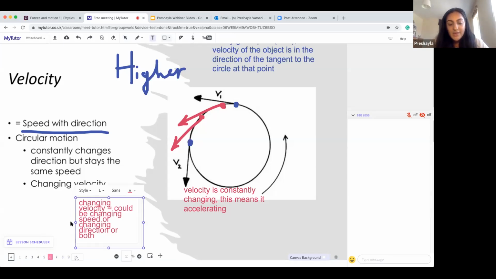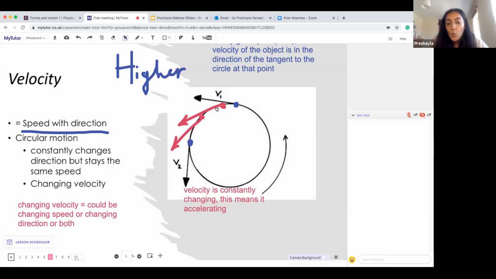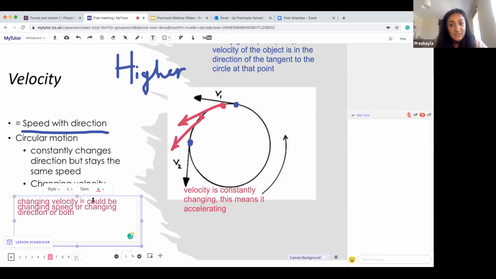So for the example of circular motion, although we don't change speed, we constantly change direction. And therefore we could say that it's accelerating. So changing velocity doesn't necessarily need to mean changing speed, doesn't need to mean getting faster. It can just be changing direction.